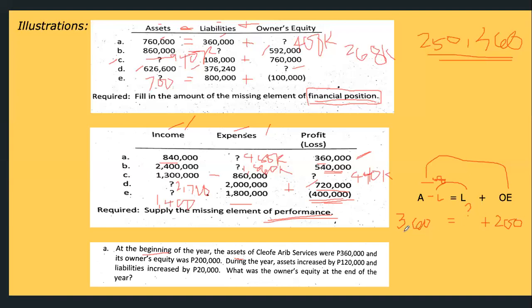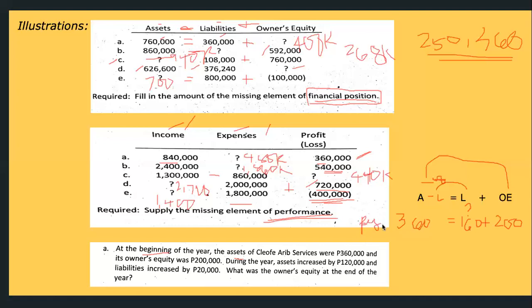So you have 360 asset equals the missing liability plus 200,000 owner's equity. Therefore, your liability is equal to 160,000 so the equation balances. So that's 160 plus 200, that's equal to 360,000. That's the beginning balance.